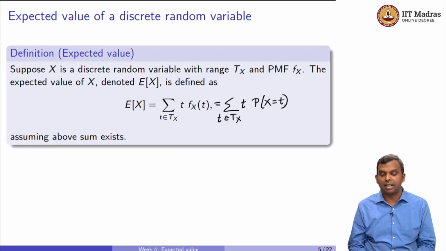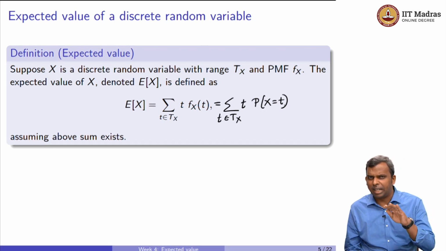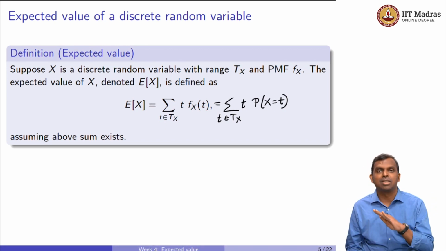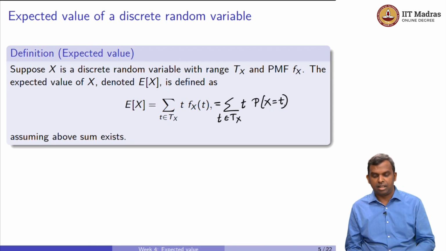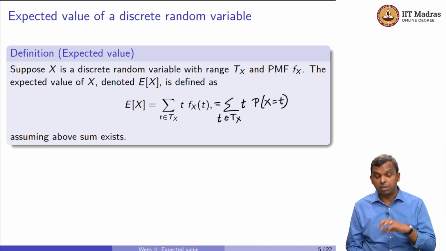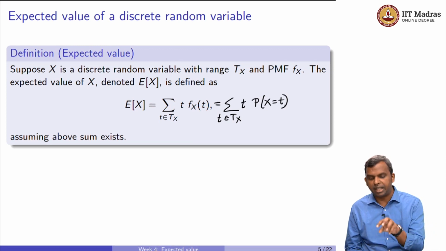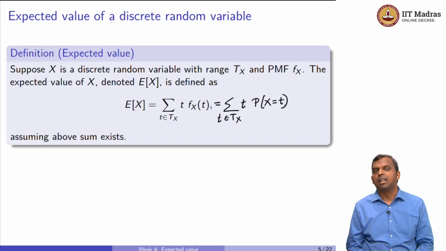But forgetting about all that, the definition itself should be very clear to you. How do you operationally execute this definition to compute the expected value given the range and the PMF? It's just plug it in. Given the range and the PMF, you can just plug it in and find the expected value.